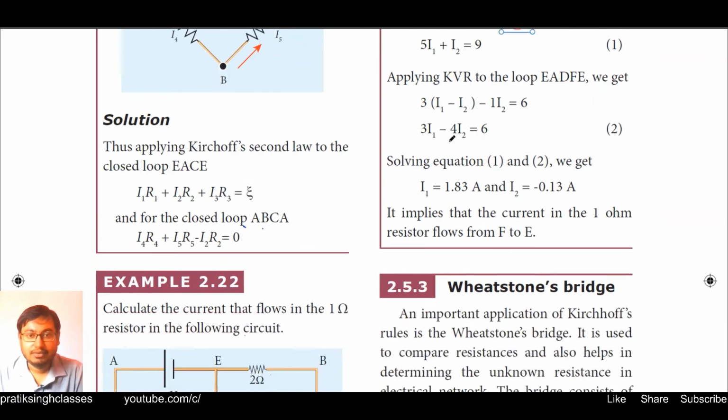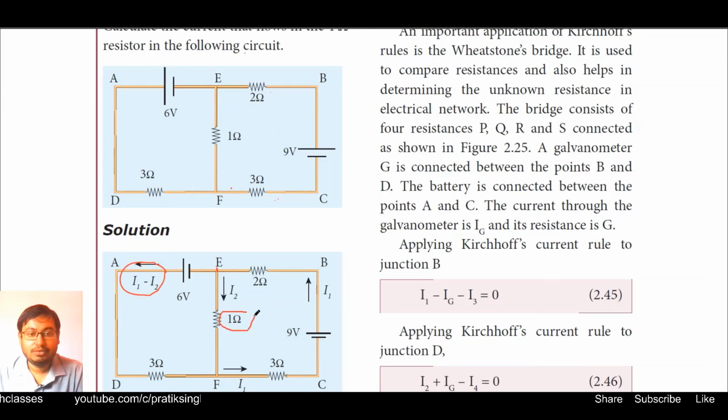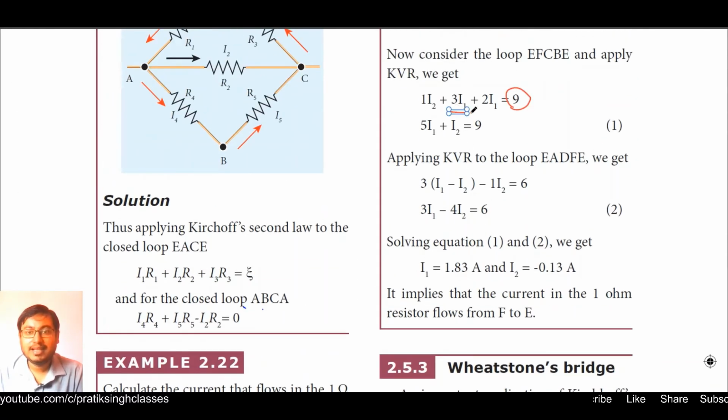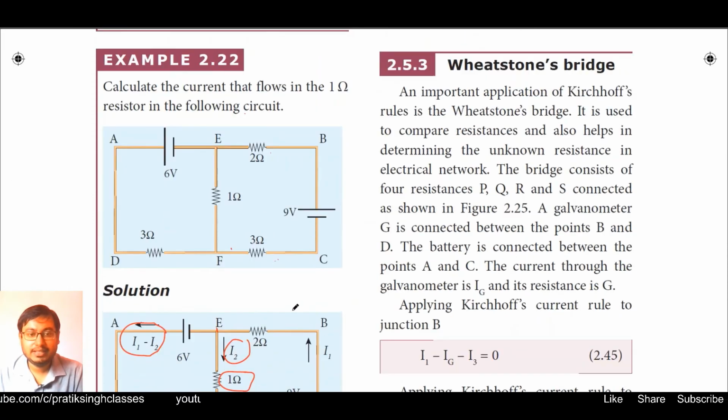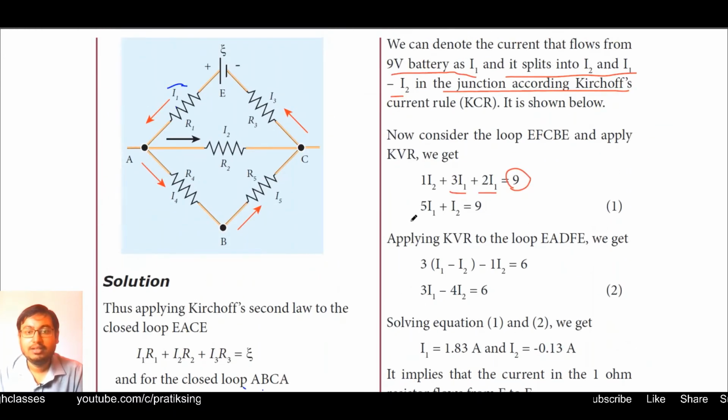And 1 ohm into I2, that is total voltage, 1 I2 plus 3I1 plus 2I1 as given here is equal to 9 volts. Calculating, you will get 5I1 plus I2 is equal to 9.